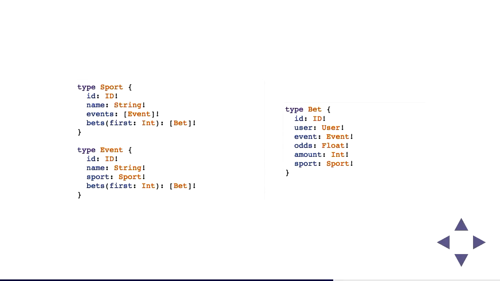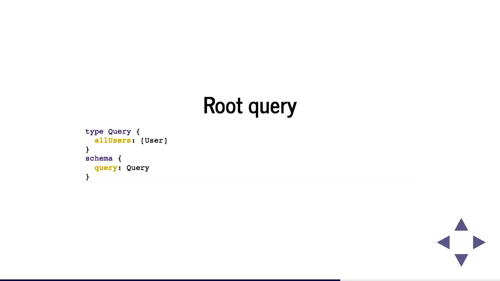There are the other types that we have inside our schema. So there is a sport. Sport has a list of events and a list of bets. Event has a reference to sport and a list of bets, and bet just references user, event, and sport. At the top of our GraphQL schema, there is something called root query. Root query is just another type where it specifies the name of the entry point and what this entry point returns.